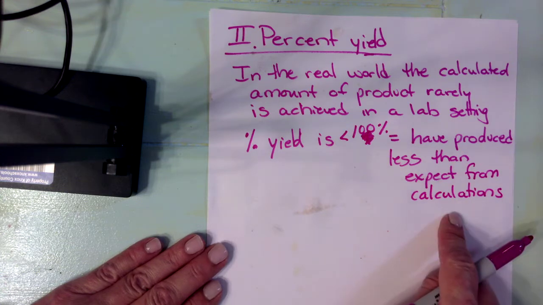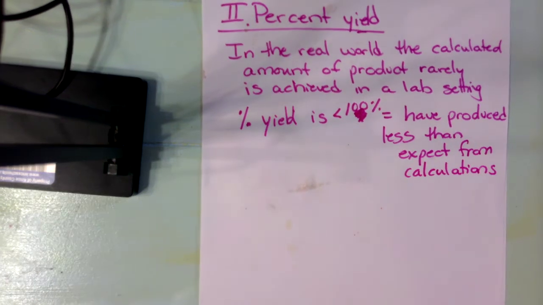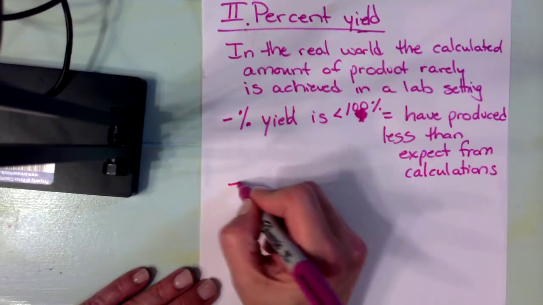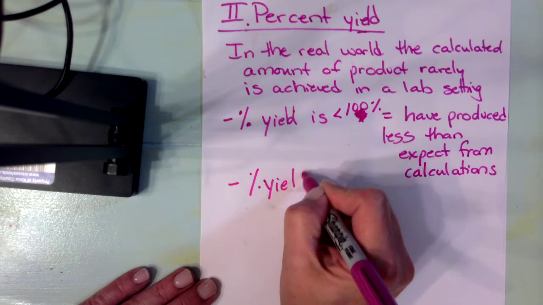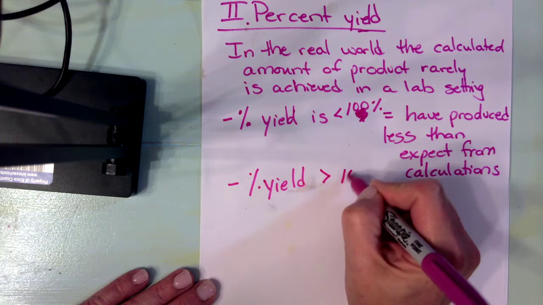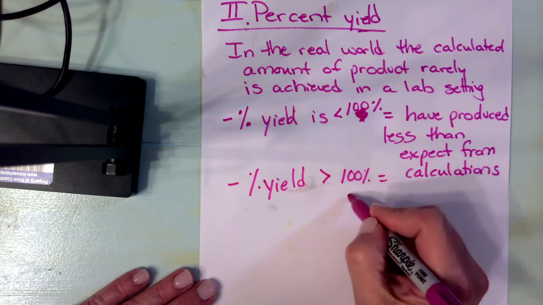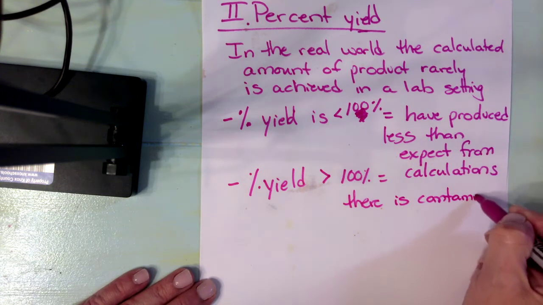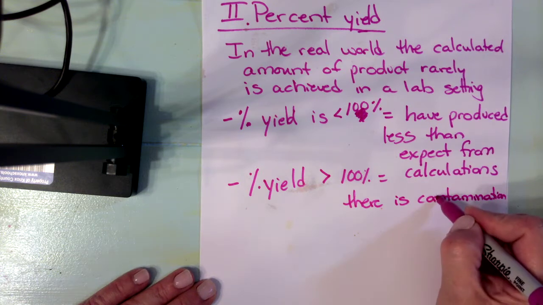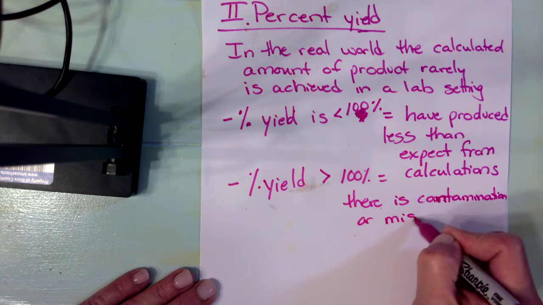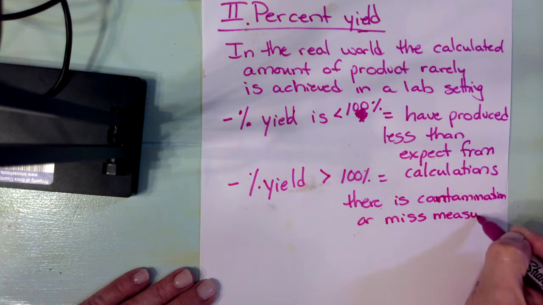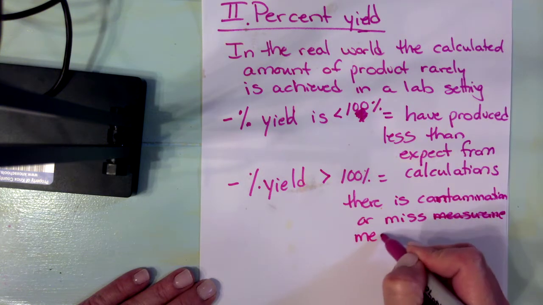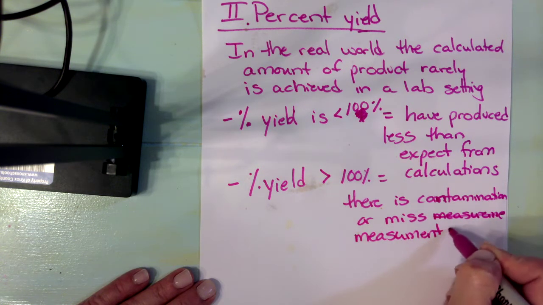This is normally what occurs because in a perfect world, not everything will line up exactly, and there's always room or margin for error. The other side, if the yield is greater than 100%, this means that there is contamination or mismeasurements in the lab.